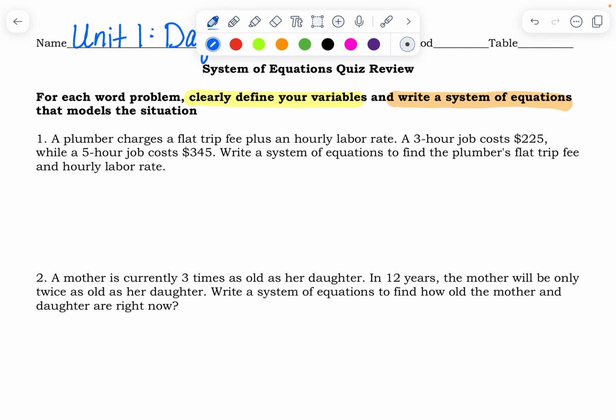It says a plumber charges a flat trip fee plus an hourly labor rate.